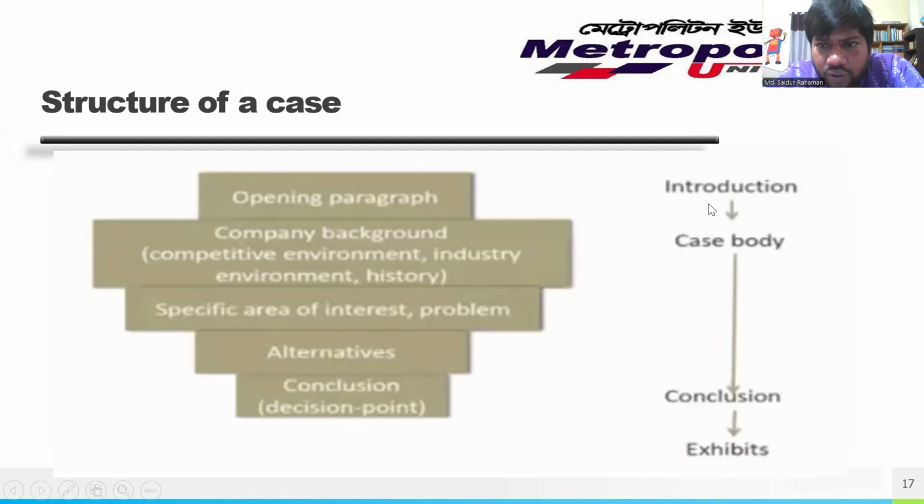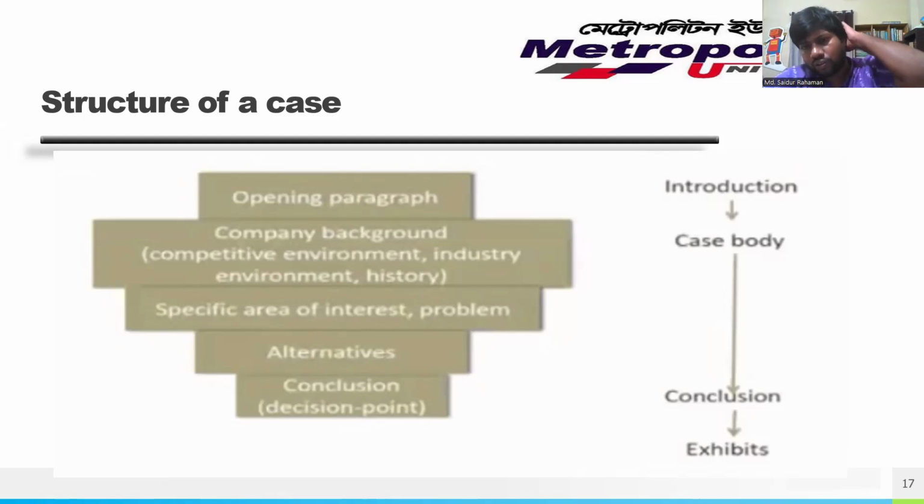So the introduction consists of the opening paragraph, and then the case body: company background, specific area of interest, problem, alternatives, and solutions. In the conclusions, there will definitely be a decision point, and the authors will give the decision point here, but it's not mandatory that this decision point will be similar to the decision point of yours or other members.